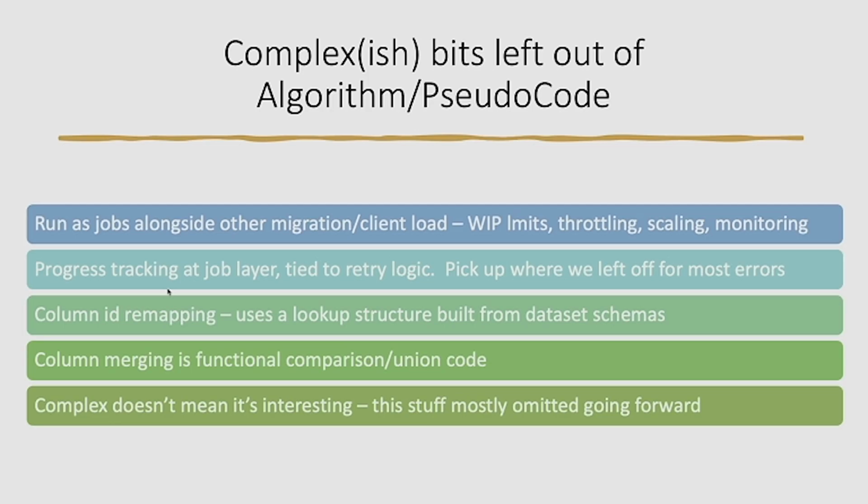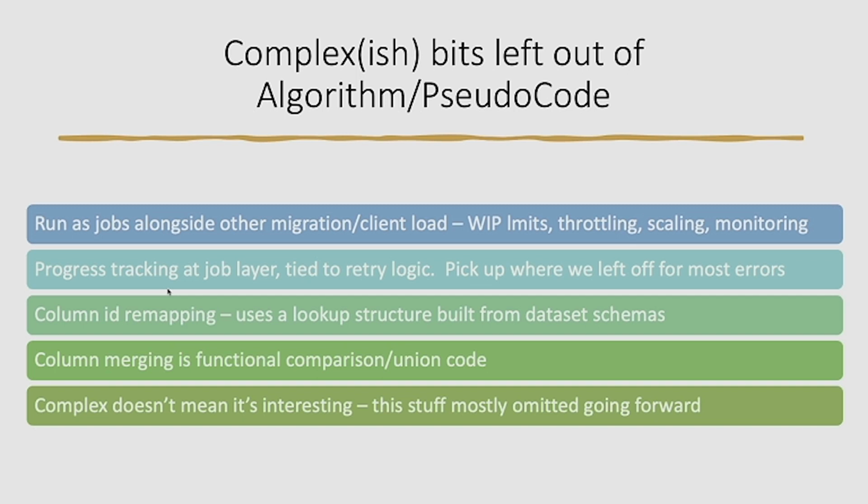Some complex pieces are left out of the pseudocode that I'm going to get into in a little bit. So we run as jobs alongside other migration and client load. We have a distributed worker pool, like I mentioned early on. At that level, we handle a lot of work-in-progress limiting for clients, throttling if people are hitting the system too hard. This is an asynchronous load for importing data, as I was saying.